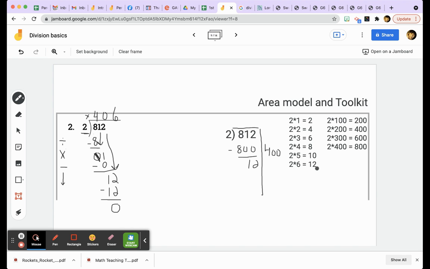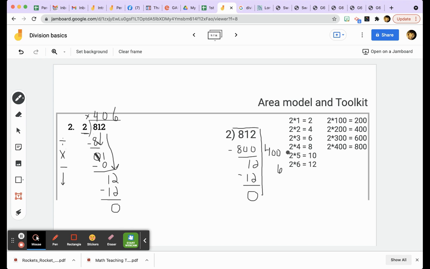And I have exactly 12. 2 times 6 is 12. So I have a partial quotient of 6. 2 times 6 is 12. So I'm going to write 12 under the 12 here. Subtract 0.